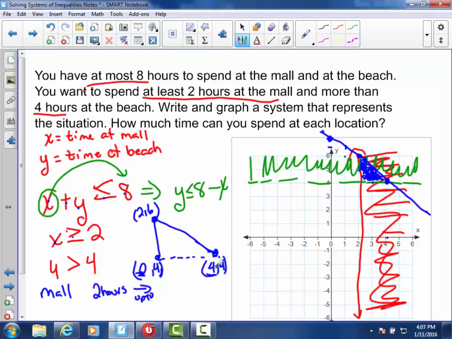Well, our largest X value is 4, so we just need to check. It's a little confusing because it's solid on the diagonal line, but it's dashed here, so we need to check, will 4 as an X value work in our equations? Well, we know it will on this solid line, and we know that 4 is greater than or equal to 2, so it works in that equation. And then there isn't an X in that equation, so yes, we can go up to 4 hours at the mall.